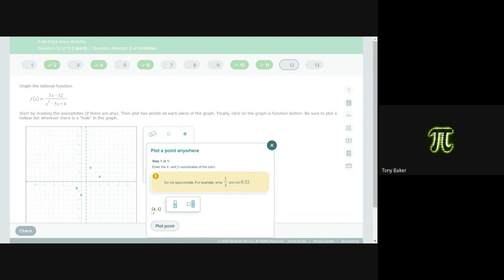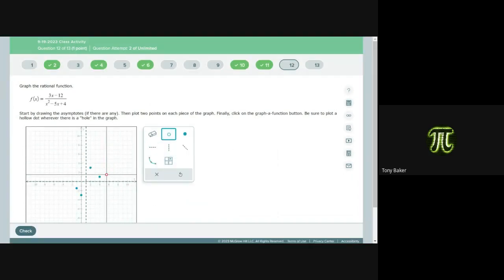And 4 was 1, right? All right. So I got my points. I need to change my 4 to a hollow, an open dot, and then we graph our line.